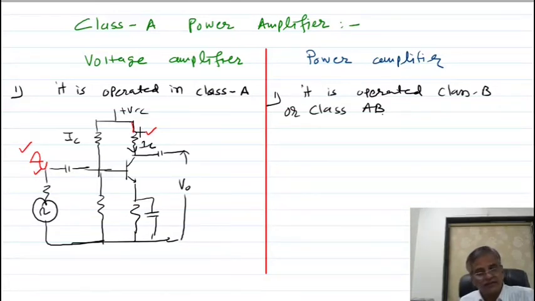So when collector current flows for both halves of the AC input cycle, then this mode of operation is called class A. Listen again. What does class A mean? Class A means collector current will flow here for both halves of the AC input cycle.